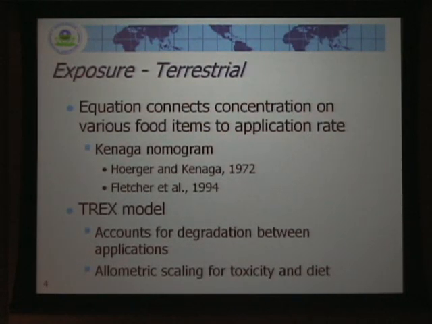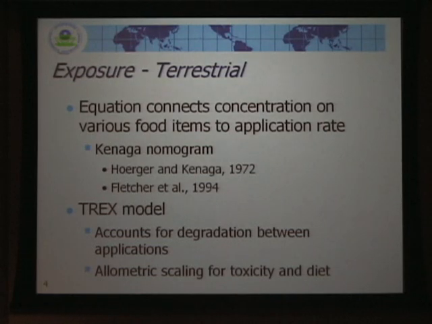I have one slide on terrestrial assessment. We do the aquatics, and there's a lot more interest in it, but we also assess the risks to terrestrial environments. And the key to that is something called the Kenaga nomogram. It's based on two papers, one from the 70s and then an update to the same idea in the 90s, that relates the concentration that occurs on foliage and certain classes of insects, small insects or large insects, to the application rate.